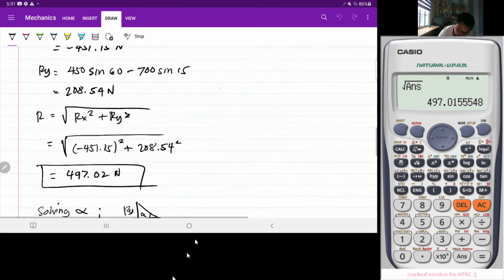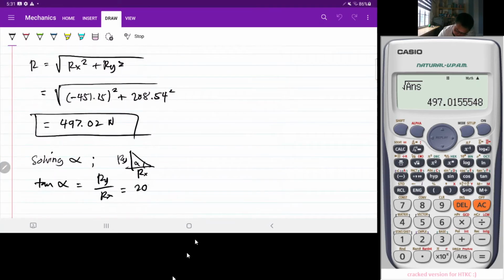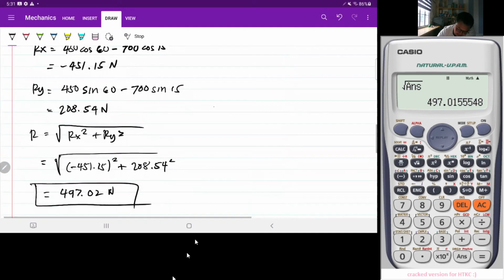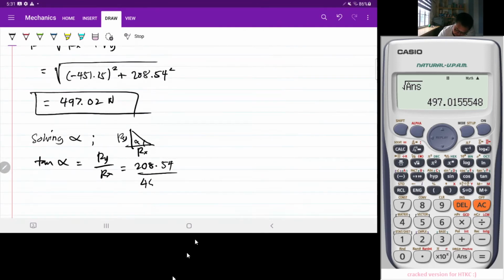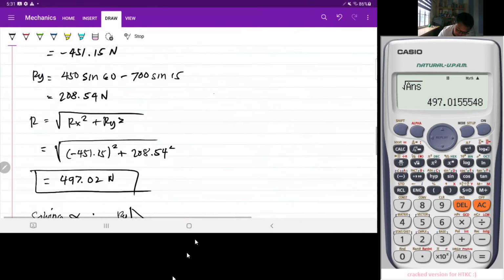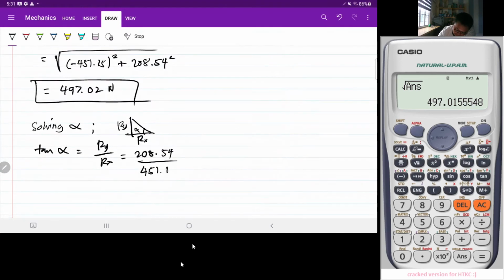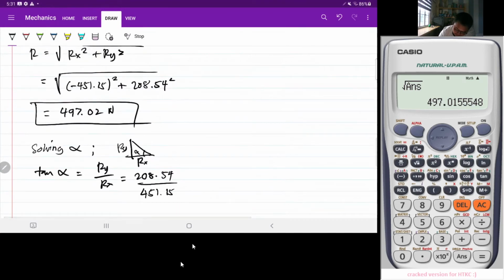Ry is 208.54 over rx. Rx is 415.15. I did not include the sign because I just want the angle. Okay.